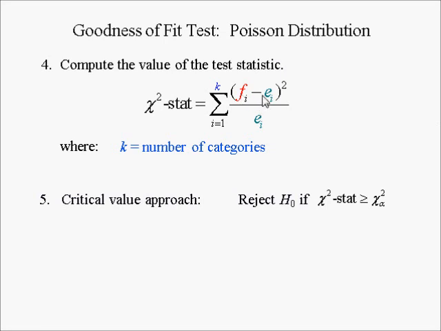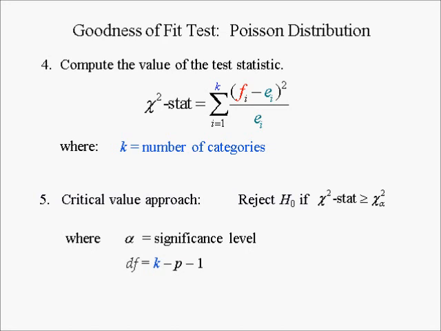Now if the observed frequencies are much different than what we expect, then those deviations are going to be large. Squaring those large deviations is going to give us an even larger number, which means the chi-square stat will be very large. So as the chi-square stat gets closer and closer to 0, there's more and more evidence in support of the null hypothesis that the underlying distribution is Poisson.